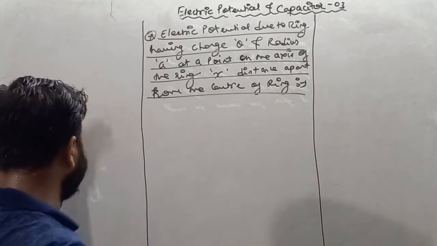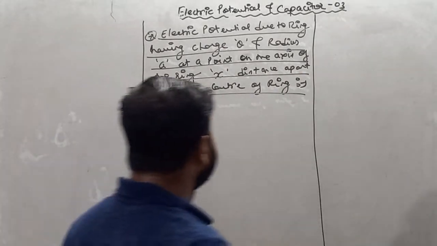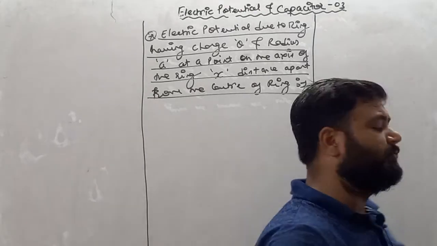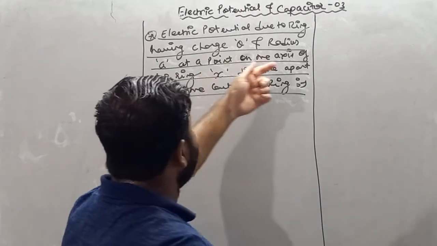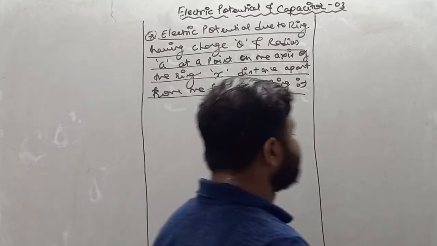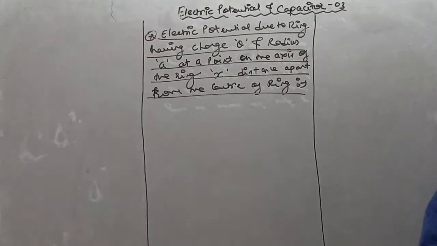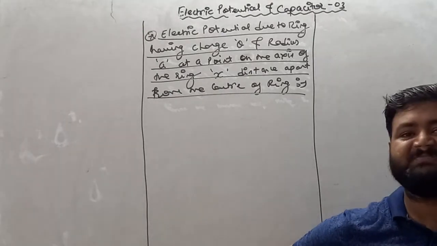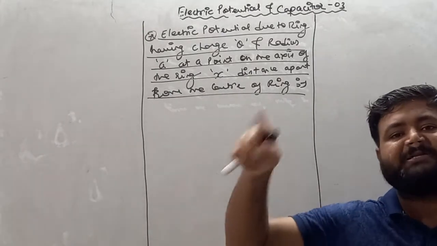So my dear student, now we have to find electric potential due to a ring having charge capital Q and radius A at a point on the axis of the ring, x distance apart from the center of the ring. As we know, ring is a continuous body.